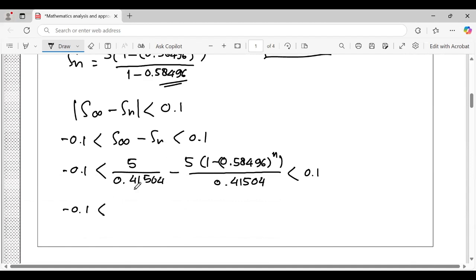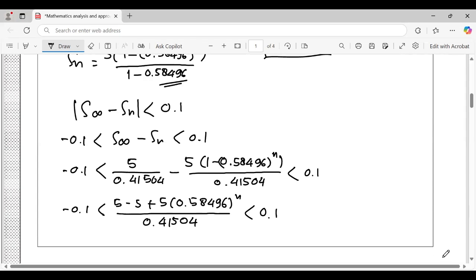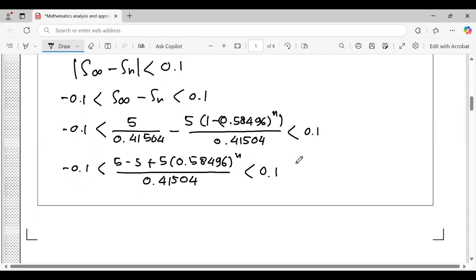And the next step, it already has the same denominator, so it becomes 5 minus 5 plus, minus times minus is plus, 5 times 0.58496 to the power n over 0.41504, less than 0.1, and I will multiply by 0.41504.